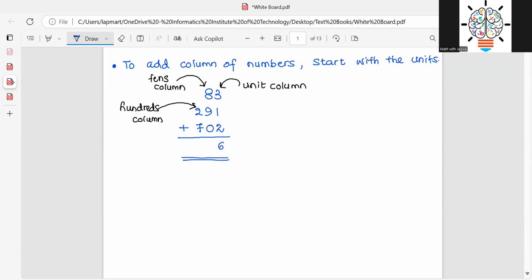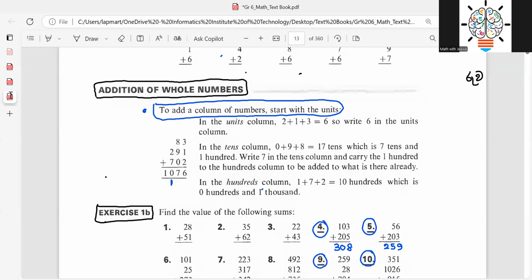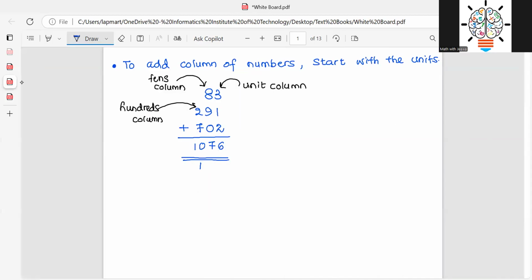Then 0 plus 9, 9, 9 plus 8, it is 17. So then I write 7 here, 1 remainder, I keep it aside. 7 plus 2, 9, 9 plus that remainder 1, that becomes 10. So then the answer will be 1076, right?